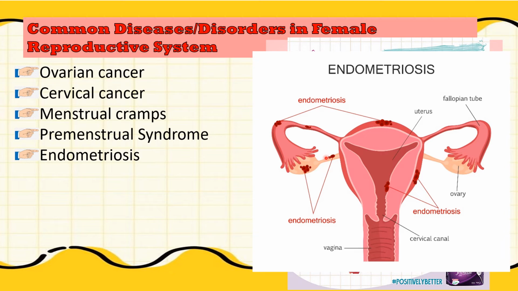So, kaya lang, ang problema, when it sheds, it has no way to go out. Wala siyang exit point. So, ang nangyayari, nagiging or nadedevelop siya into cyst. And sometimes, it irritates the surrounding tissue, eventually developing scar tissue and adhesion.